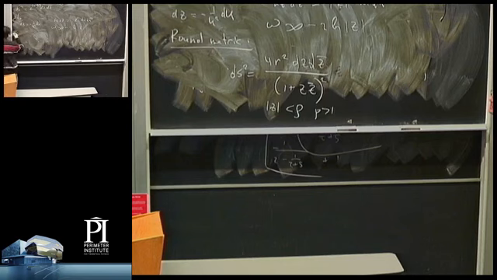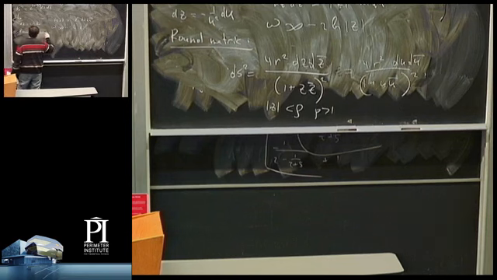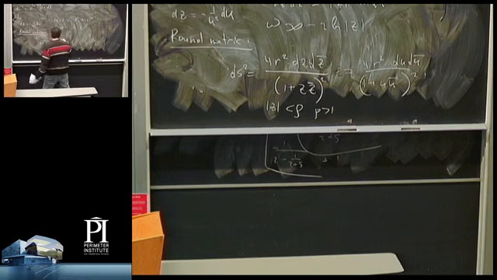If I ask the question, how do I write down a round metric, it's the standard metric we write down on a sphere in terms of that coordinate. A round metric on the sphere takes the following form: 4r squared dz dz bar over 1 plus absolute value of z squared, all squared.